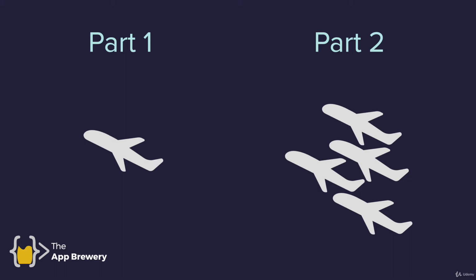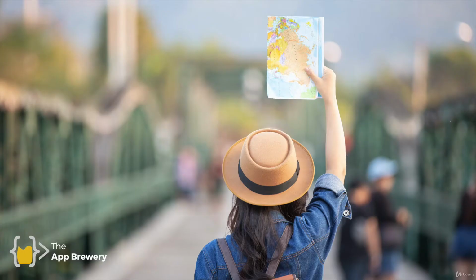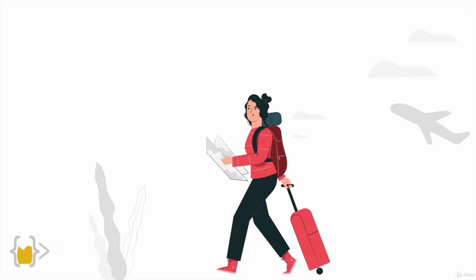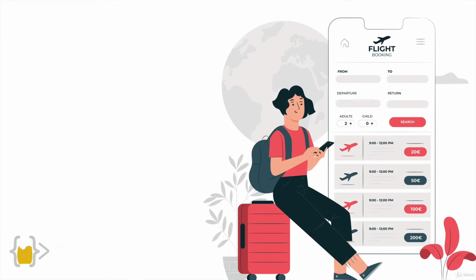So I don't know about you, but I am a travel aficionado. I absolutely love to travel. I'm the sort of person who can't stay stationary in one location. And one of the reasons why I teach programming online is to be able to travel and work from different places. Now, I'm not that picky about where I go.